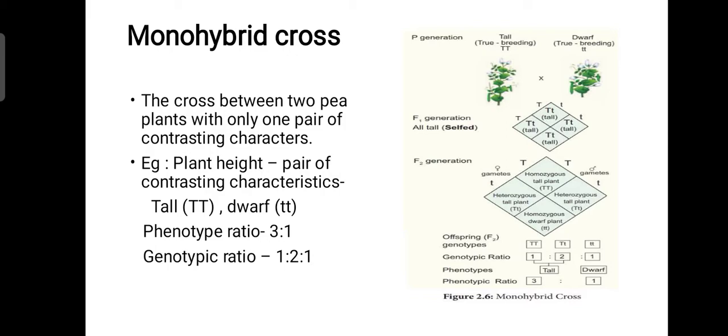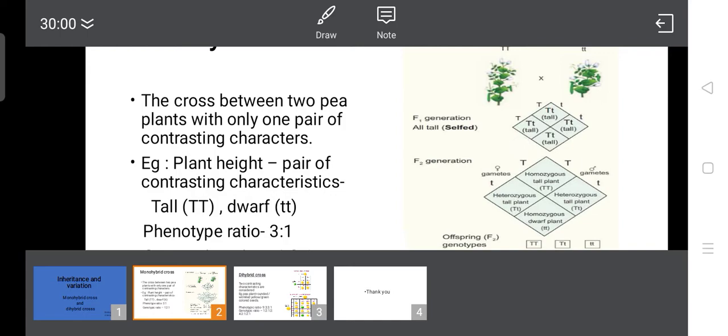Now coming to the crossing between the parental generation. He took the pure dwarf and pure tall plants, and this generation is called the parent generation. When the cross takes place, all 4 plants are tall, but you can see all are heterozygous tall in nature.